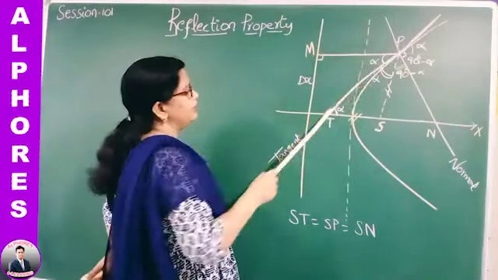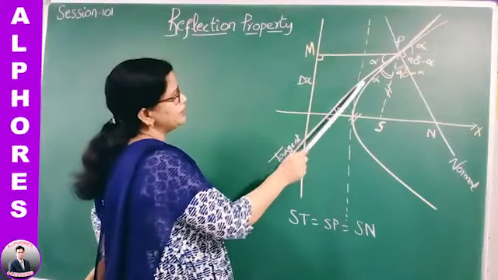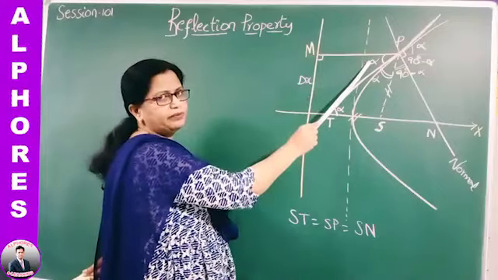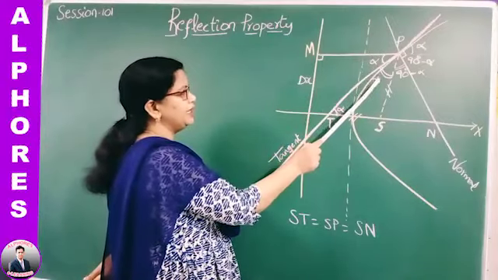Moreover, the tangent is bisecting internally. Therefore, this is the internal bisector of the angle between the lines SP and PM. If you take this angle as alpha, immediately this is alpha, which we also know very well. But how did we get this angle also alpha?